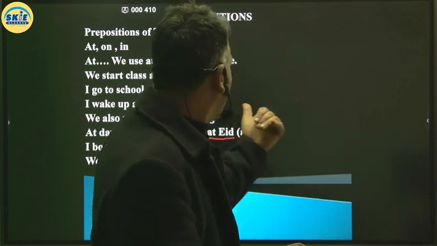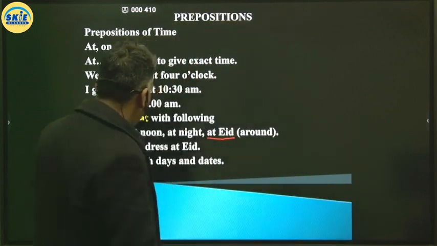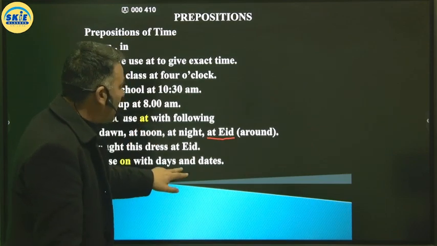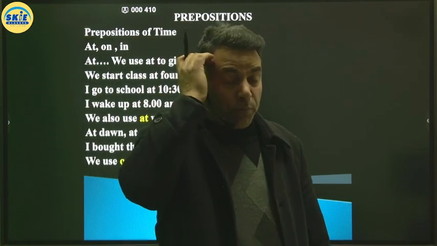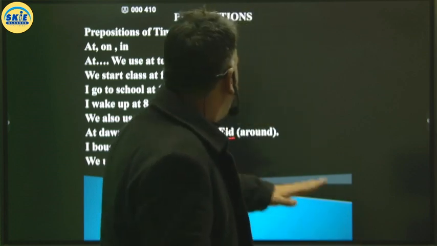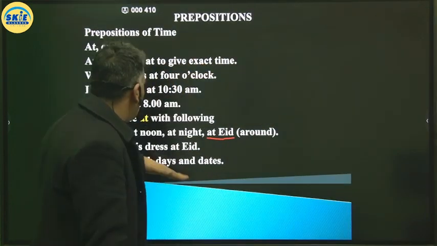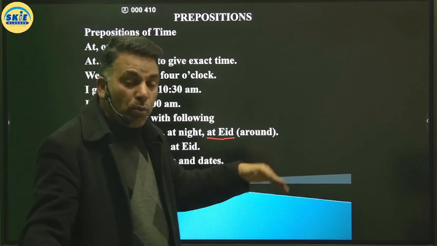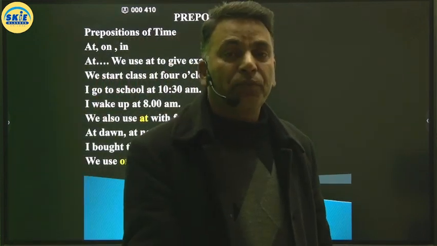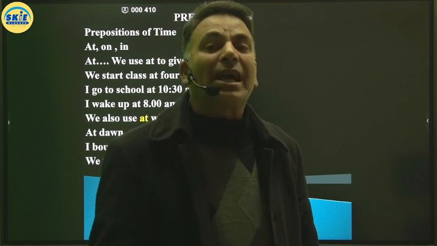That I may be taking up in the next one. When we say on, we use on with days and dates. Exact days and dates. When it comes to time, we say at for the exact time, but we say on for the days and the dates. I'll meet you on Sunday.